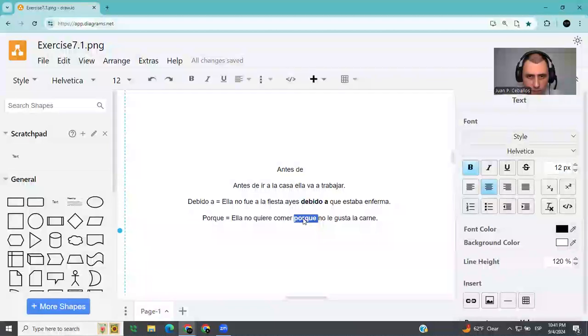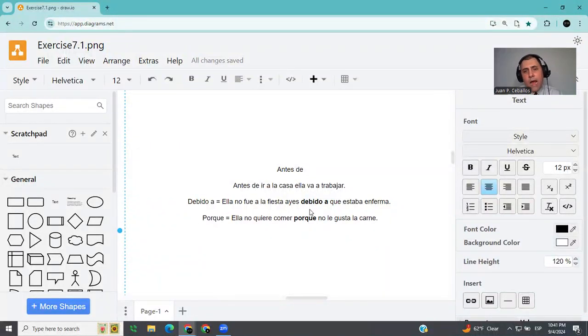So this one is, she didn't go to the party yesterday because she was sick. And look at this one again. She doesn't want to eat because she doesn't like meat. In both cases, in English, we are saying because, okay?